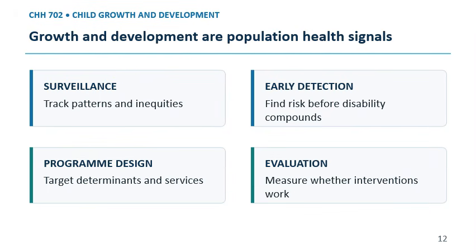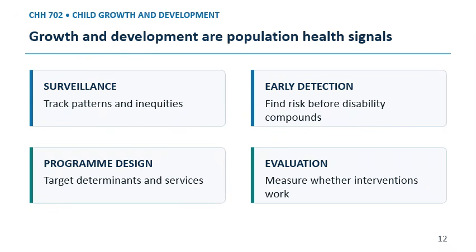Growth and development are not only clinical concerns, they are population health signals. Through surveillance, we can monitor patterns of stunting, wasting, overweight, obesity, and developmental risk, identify geographical and socioeconomic inequalities, and detect changes over time.